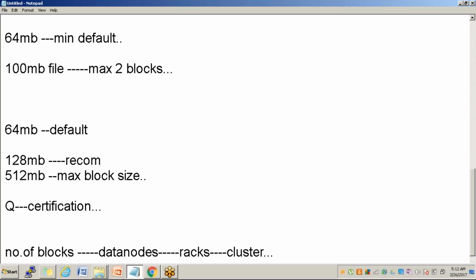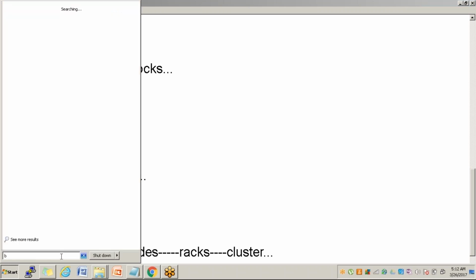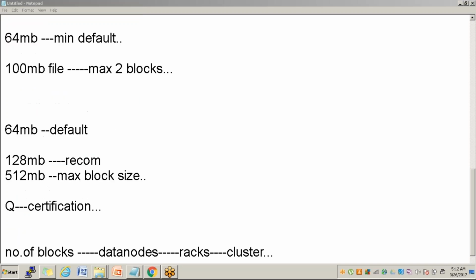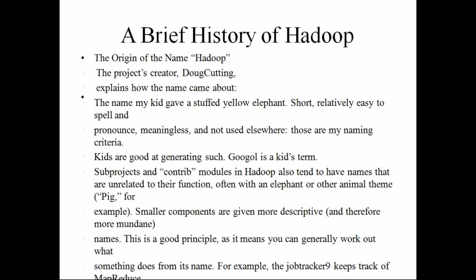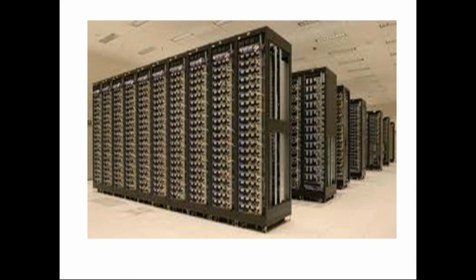Let's see how the blocks and clusters look. This is a cluster. These are all the racks. These are all data nodes. Logically, internally, we have a number of blocks available here.